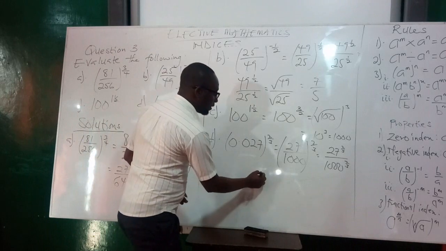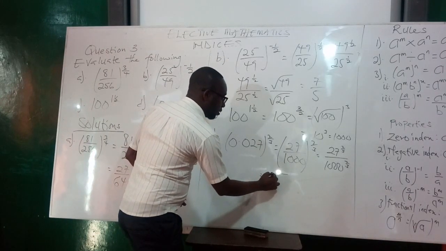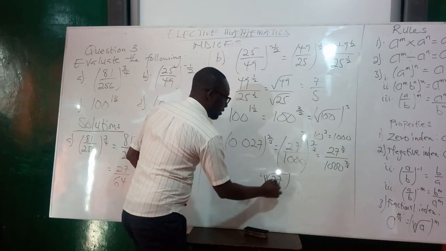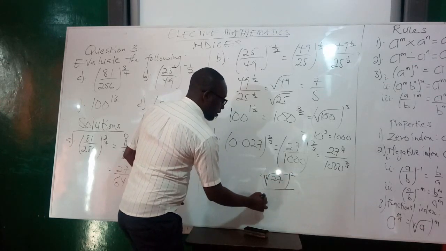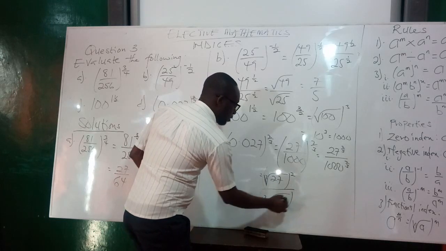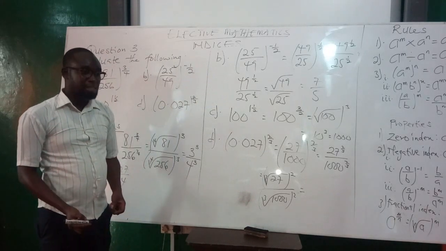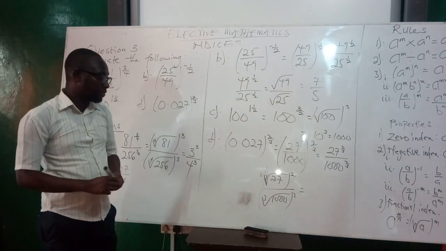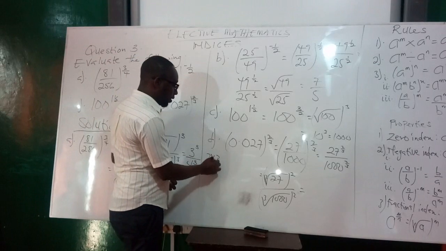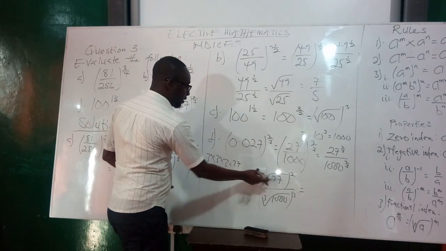Then we simplify this as the cube root of 27 all squared over the cube root of 1000 all squared. Now which number multiplies itself 3 times to give 27? We know that 3 times 3 times 3 will give us 27. So the cube root of 27 is 3.